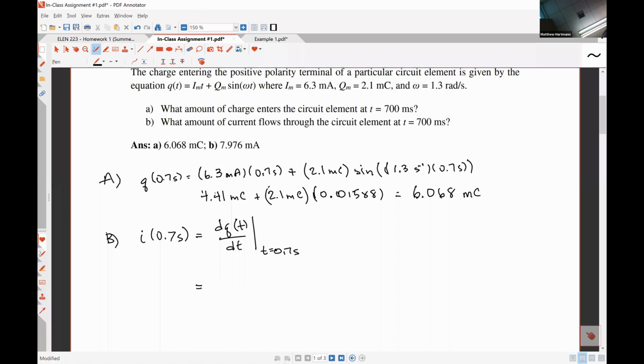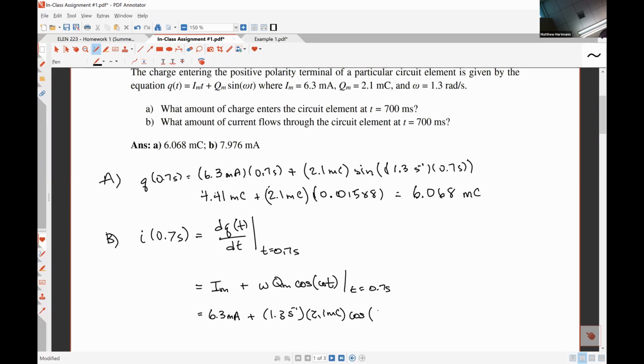Are we all in agreement there? Yes. Yep. All right, so omega Qm cosine omega t. And now this evaluated at t equal to 0.7 seconds. And so that's going to be 6.3 milliamps plus 1.3 per second times 2.1 millicoulombs, which is going to be millicoulombs per second, which is going to be a milliamp. So everything's working out good there.